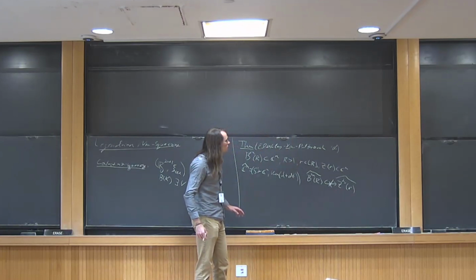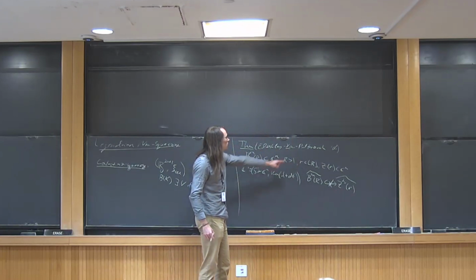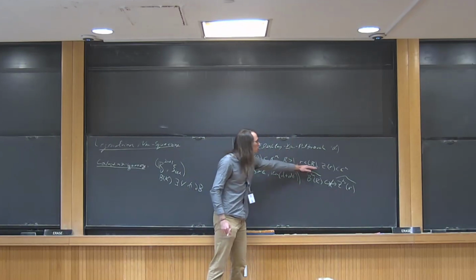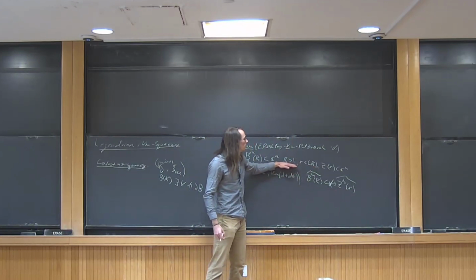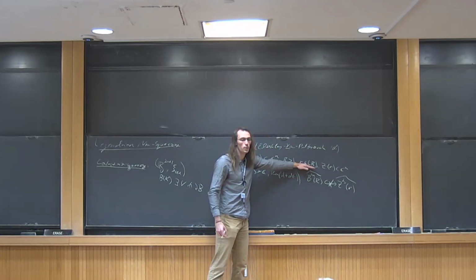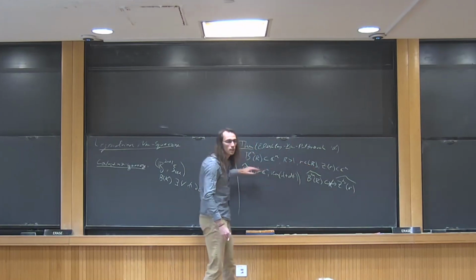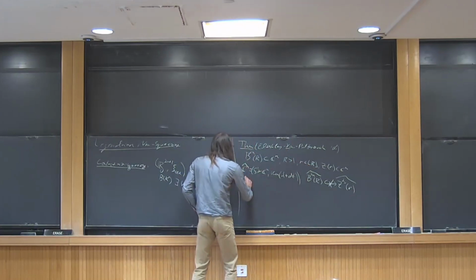Okay, so this theorem has kind of strange conditions with this floor and R greater than 1. It turns out that the floor is not so important. The greater than 1 is very important, at least in high dimensions.